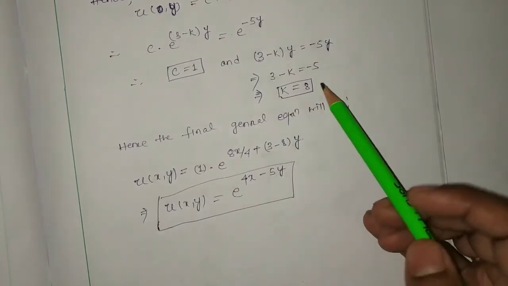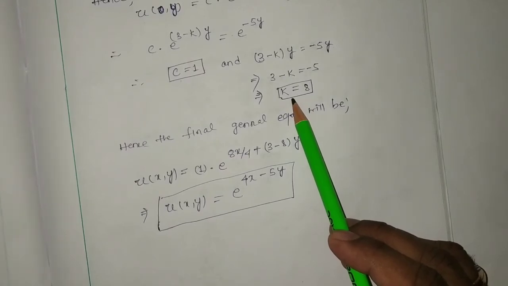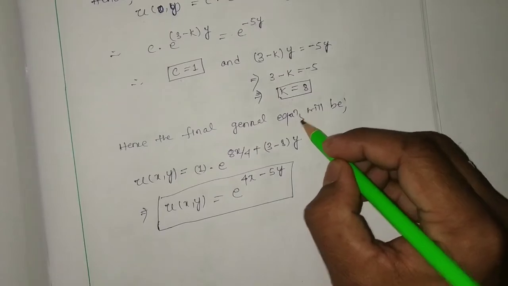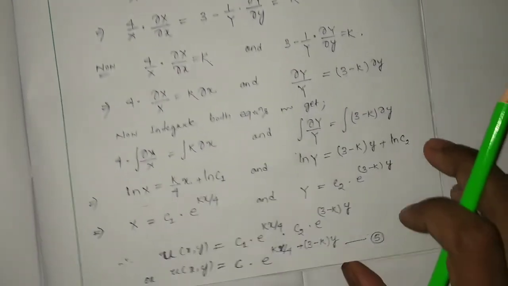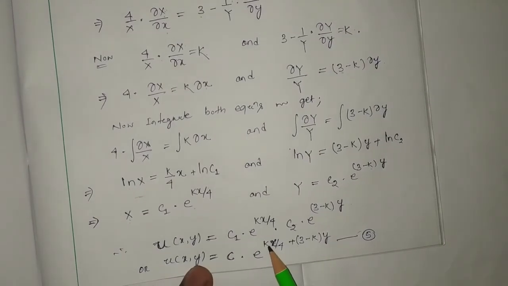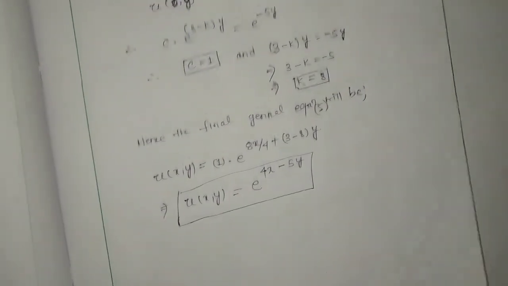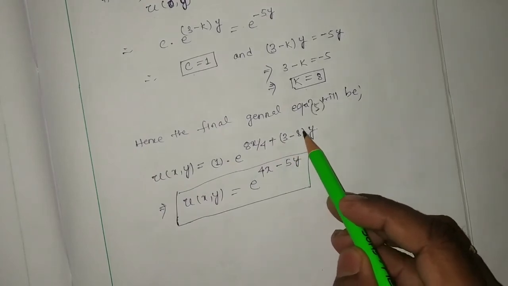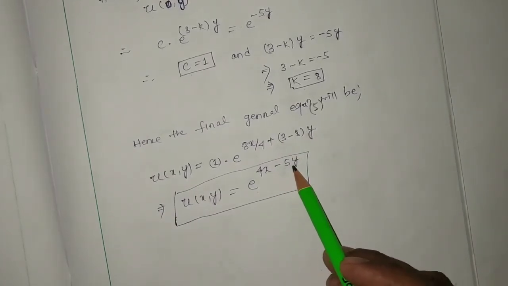Now finally, instead of c we put 1, and instead of k we put 8 in the general equation number 5. Then we find 1 into e to the 8x by 4 plus 3 minus 8 into y. So u of x, y will be e to the power 4x minus 5y.